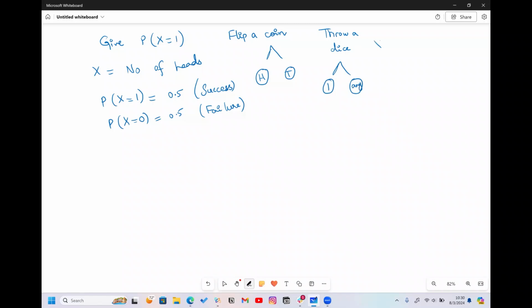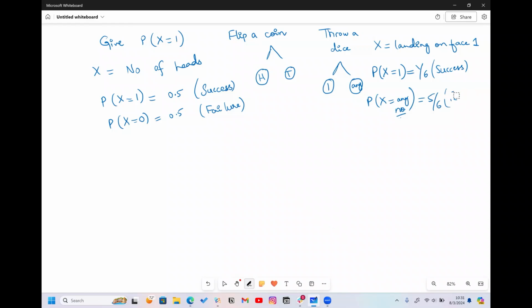The success here would be landing on face 1, so the probability of x being 1 will be 1/6. And the probability of x being any other number will be 5/6.